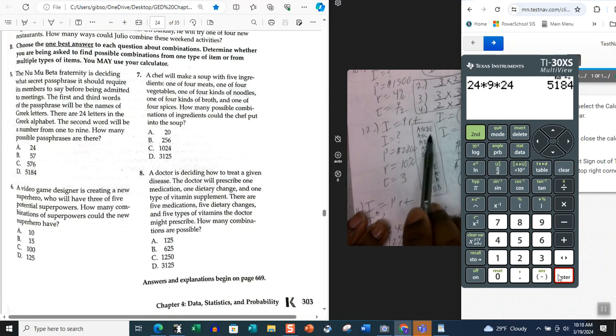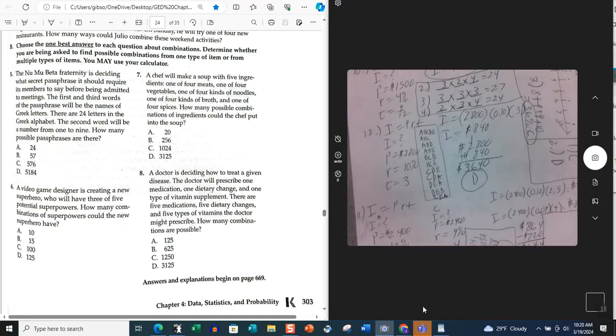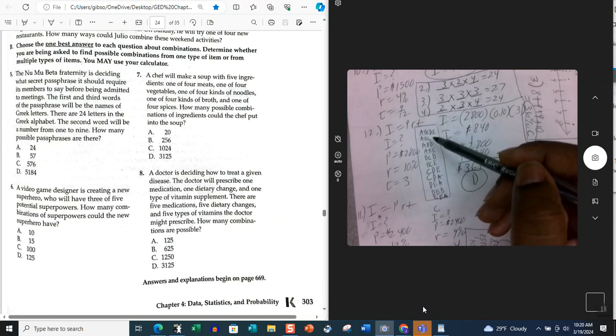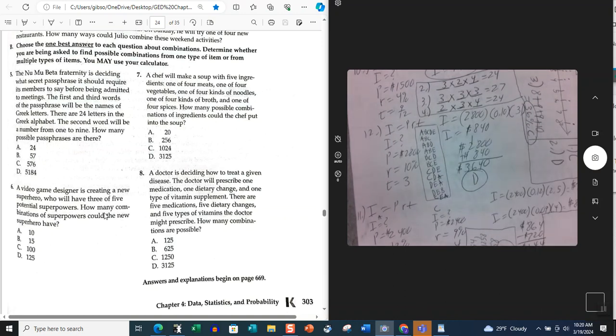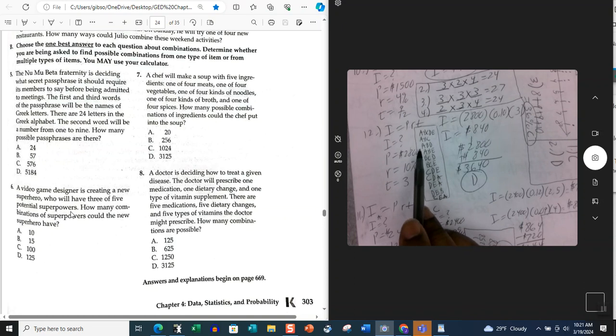Okay. So it's 3 of 5 powers. I technically misread this problem here, but it says it will have 3 of 5 potential powers. So I use A, B, C, D, E. Those are the 5 powers. And then I listed them down here. For the sake of time, we got A, B, C, A, B, D, A, B, E, and so on.